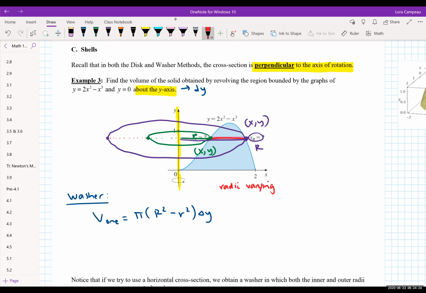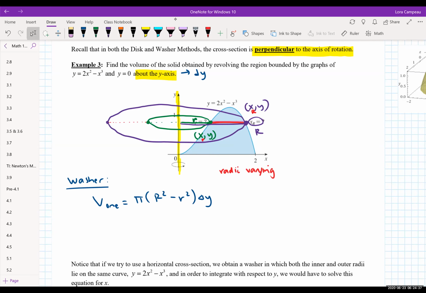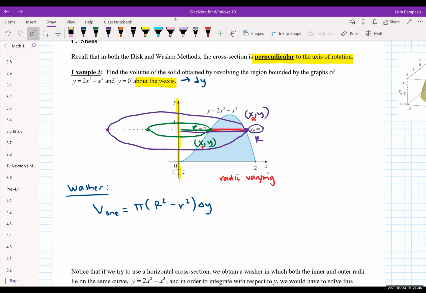That's why we have the subscripts of x sub r and x sub capital R. You can kind of see this with the picture. Well, if you're trying to name everything in terms of x, your x distance is going to be based on your y values.